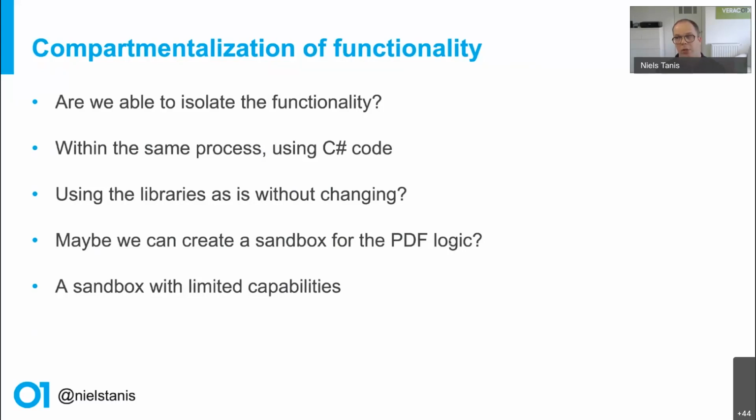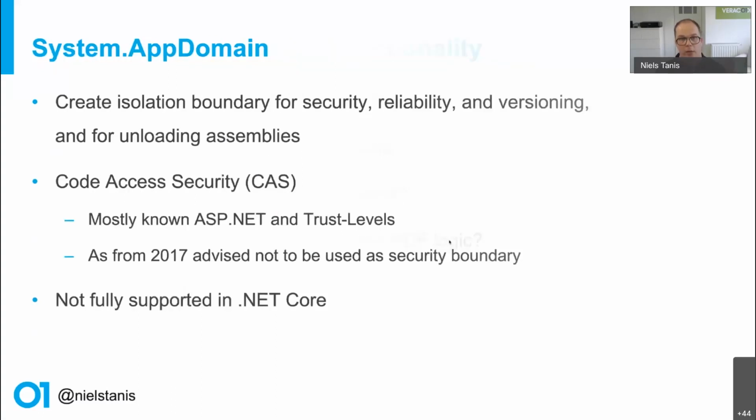If we then look into the .NET ecosystem in general, would there be a component that maybe fits our needs? And the answer is yes, there is a component that would fit our needs, which is called System.AppDomain. If we look into its definition, it says that it's an isolation boundary for security, reliability, versioning, and unloading of assemblies.